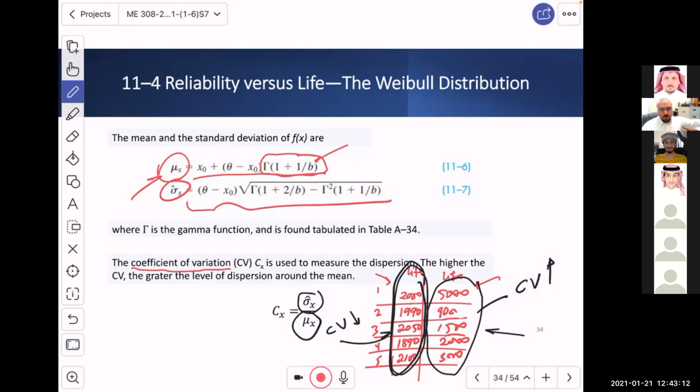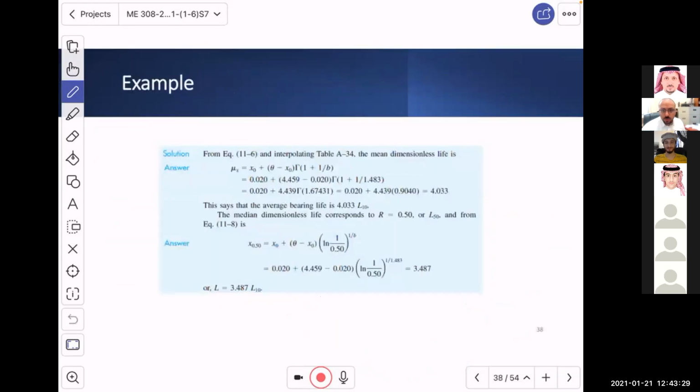And when you become higher by 3 or 4 sigmas, that's why we say, wow, you are way higher than other students. That's the meaning of it. Okay. Yes, always the median value corresponds to a reliability of 50%. The median, yes. The median is 50%.